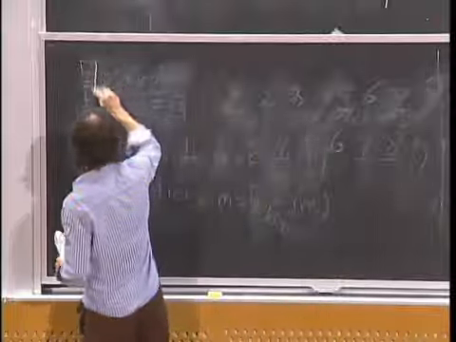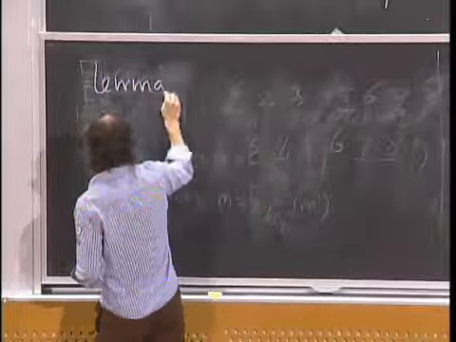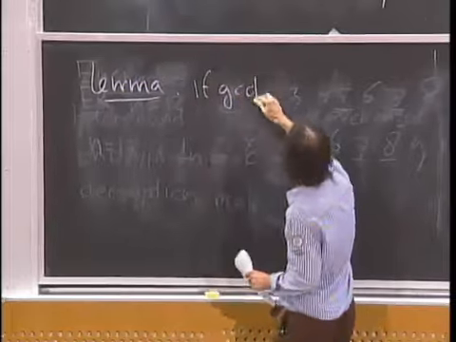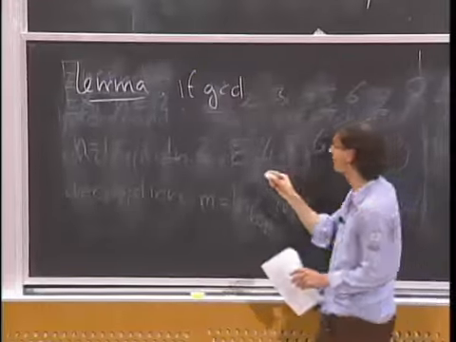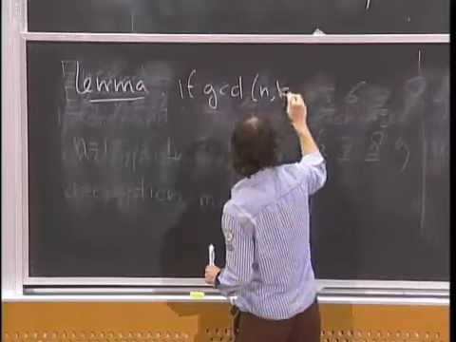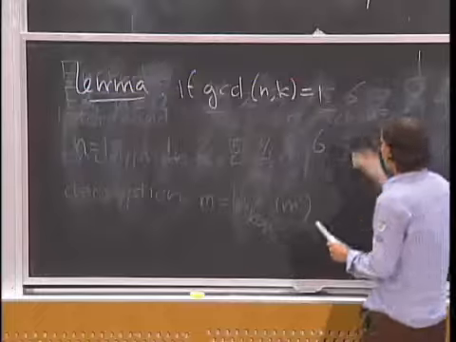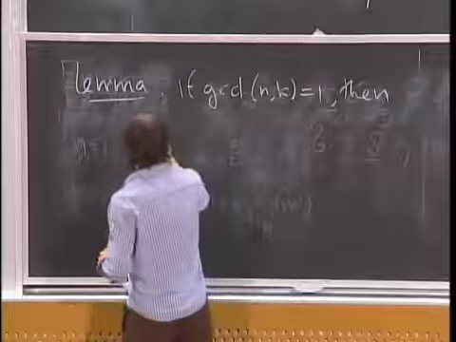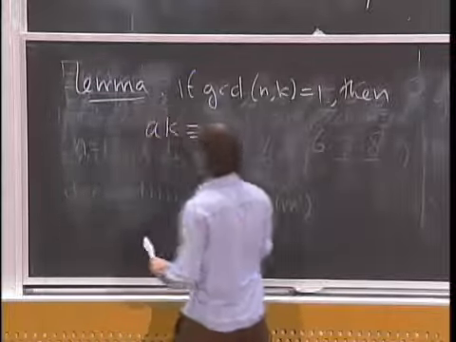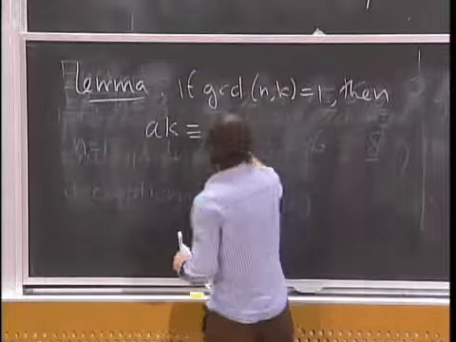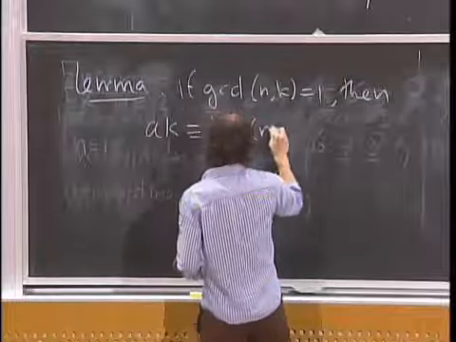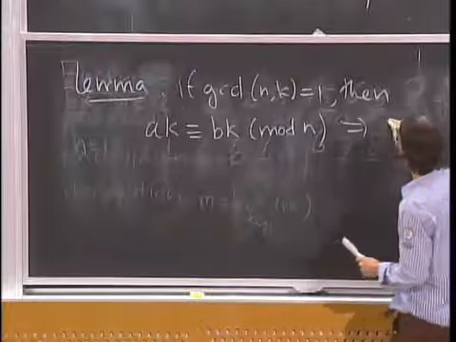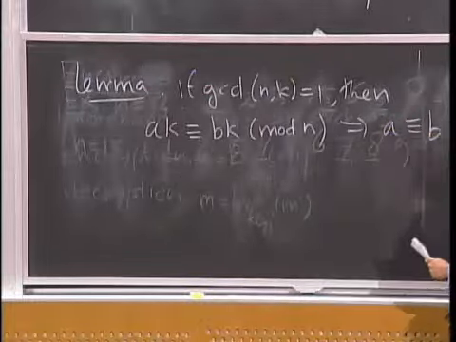So the first lemma is that if I know that the GCD of n and k equals 1, which is what we assume in the statement of the theorem, then I know that if a times k is congruent to b times k modulo n, then this implies that a is congruent to b modulo n.